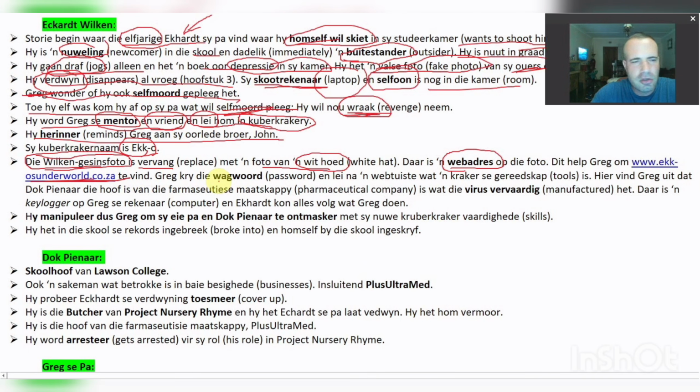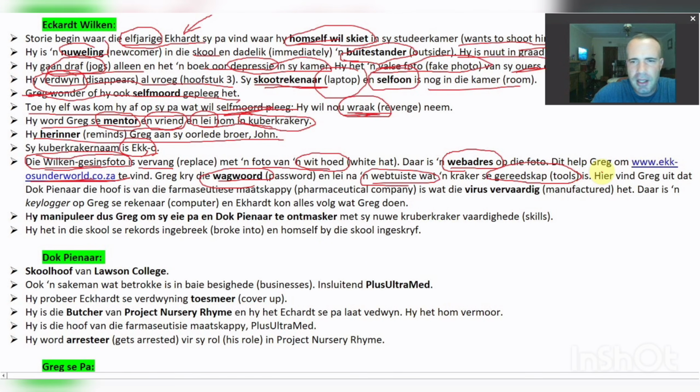Eventually, Greg cracks the password. It takes him to another website where he finds a whole lot of hacking tools that Eckhart left for him. Okay, now Greg plays with these tools.